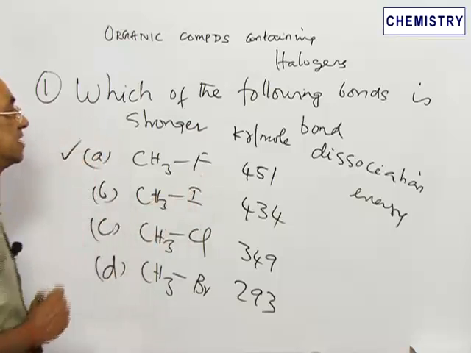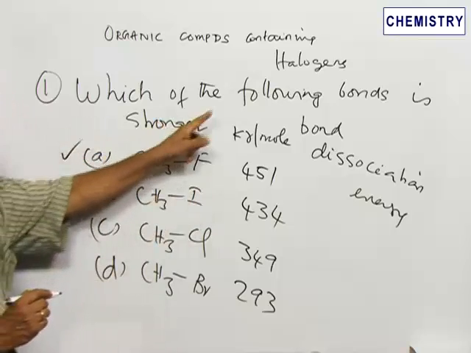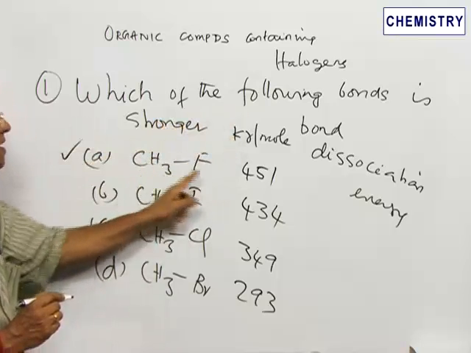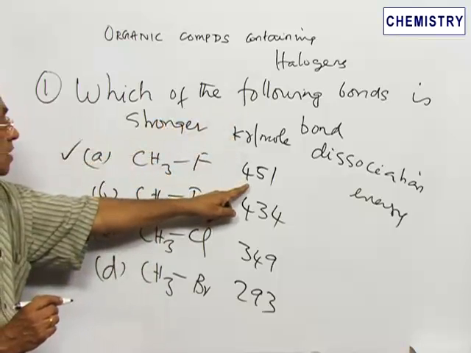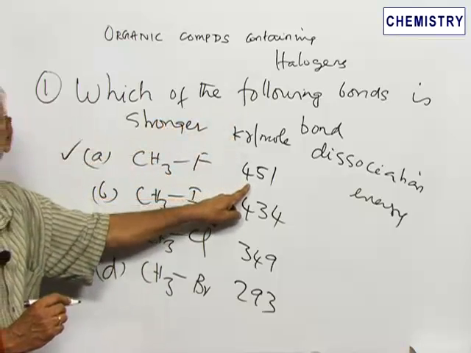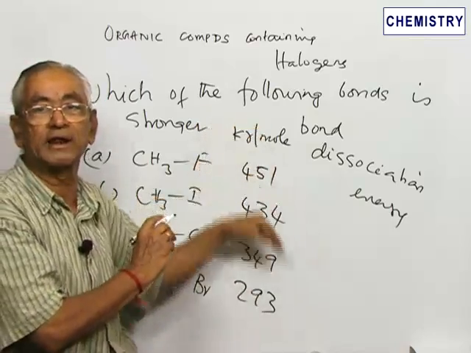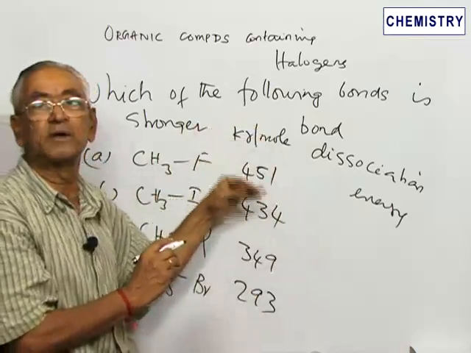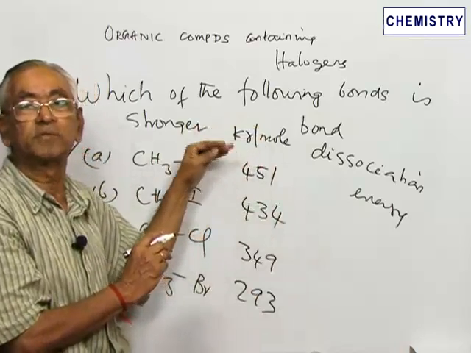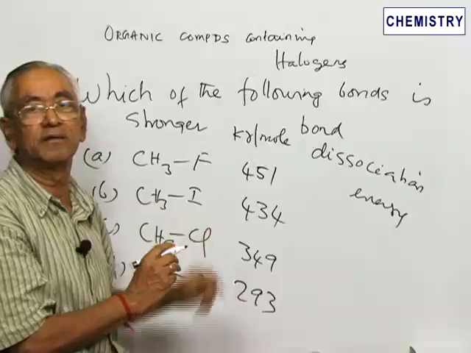So the answer is that the strongest bond is the carbon fluorine bond, which accounts for 451 kilojoules per mole. It can be converted suitably into kilocalories also, but generally the convention is to give it in terms of kilojoules, and therefore we are giving the value.